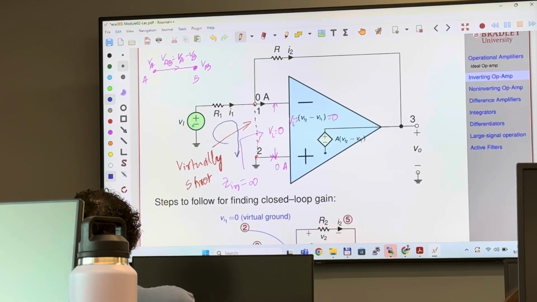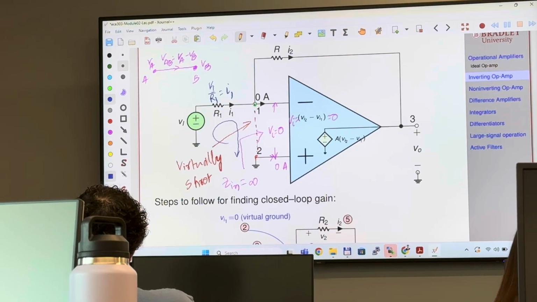Don't you think that we have one source, one resistance? It's a closed circuit. So what will be the current flowing through I1? Using Ohm's law, VI over R1. So we now know what is the current flowing through this R1.